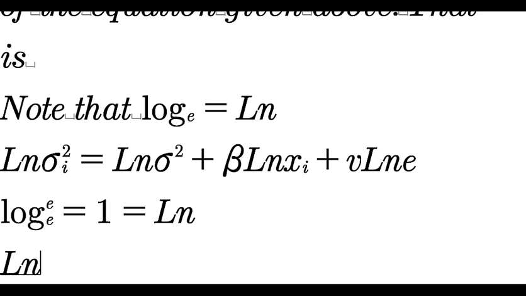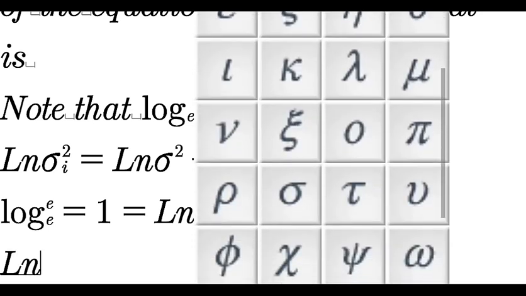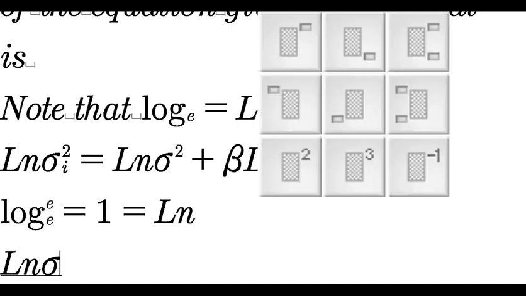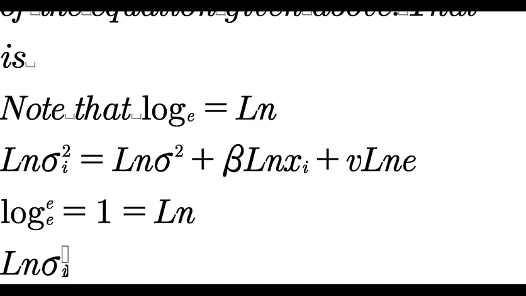So the equation reduces to what? Ln sigma I squared. Sigma I squared is really difficult to type in the 2, but bear with me.